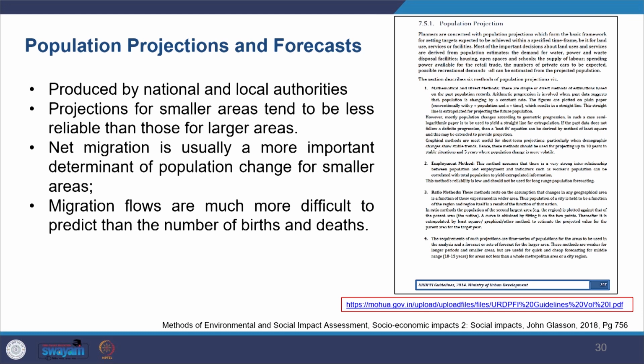Generally, for a small area, projections are not usually undertaken, and are not said to be reliable as well. You can also look at the URDPFI guidelines, which provide certain population projection methods. So all these methods are available for population projection.